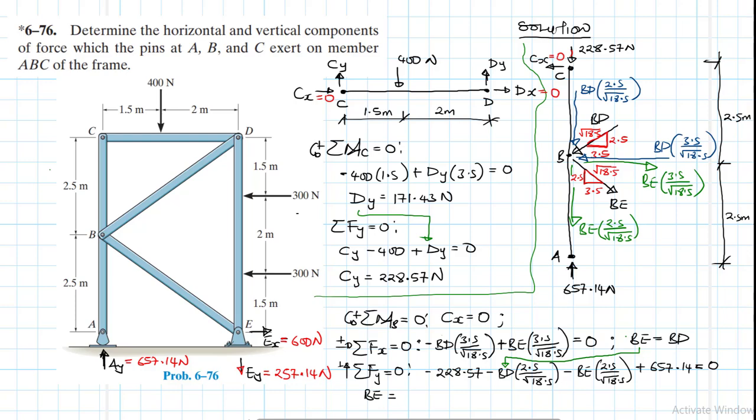We have a minus 228.57 plus 657.14, and then we divide this by 5 divided by root of 18.5.